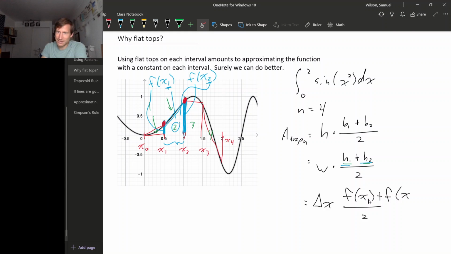So for trapezoid number i, the two heights are f of x sub i minus 1 and f of x sub i. Okay.